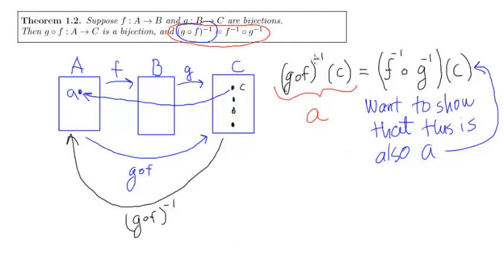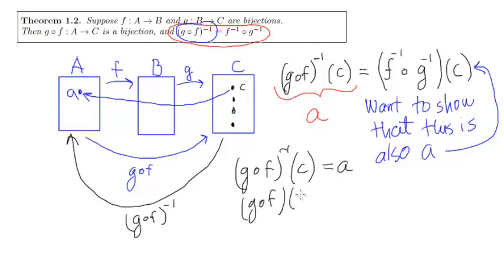Alright, so now what we have to do is decipher what this means. Let's take a look at this. G composed with F inverse of c is equal to A. Well, what does that mean? That means that G composed with F of A is equal to c.